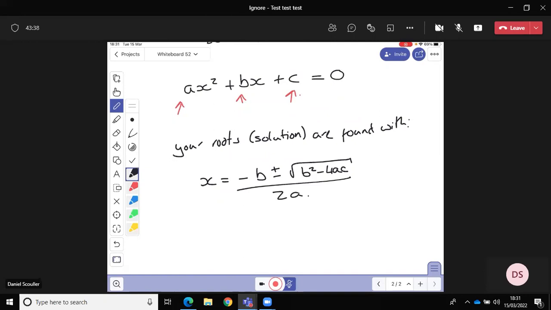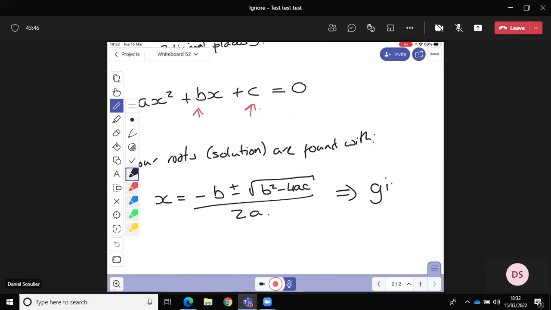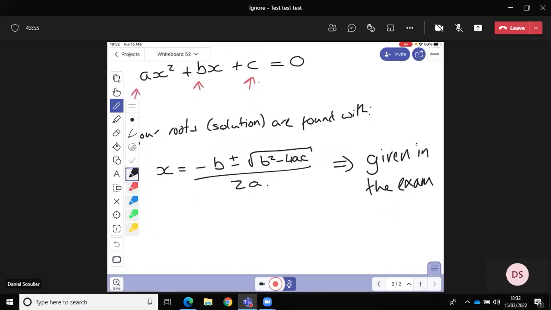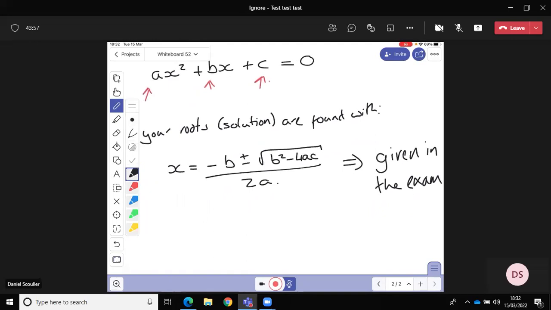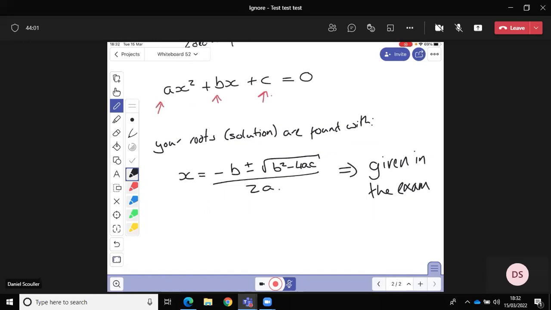Now very, very importantly, in an exam, it's given to you. You're given an exam formula sheet.